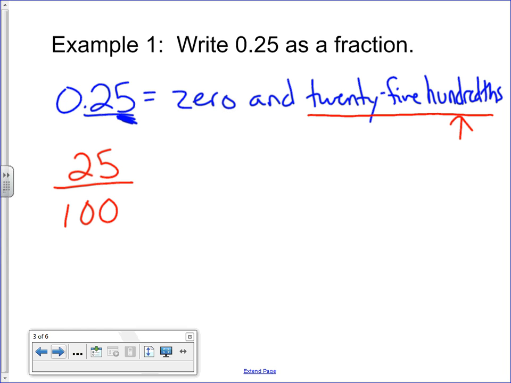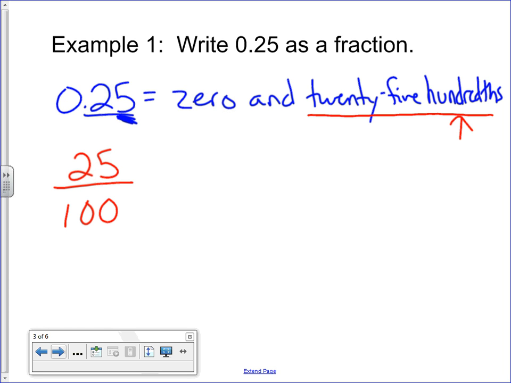It's the exact same as 0.25. And think about money: 0.25 is how to write 25 cents. 25 cents is 25 out of 100 cents, 25 out of a full dollar. So 25 out of 100 is the exact same as 25 cents.